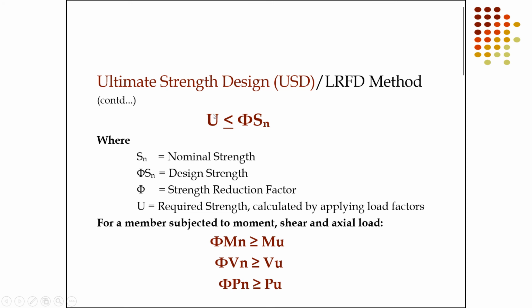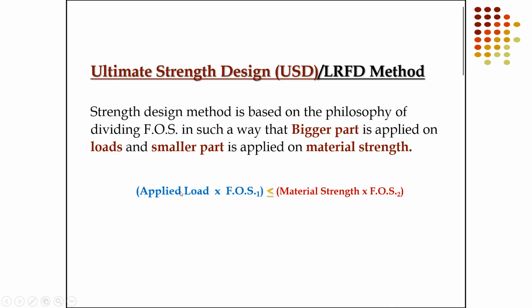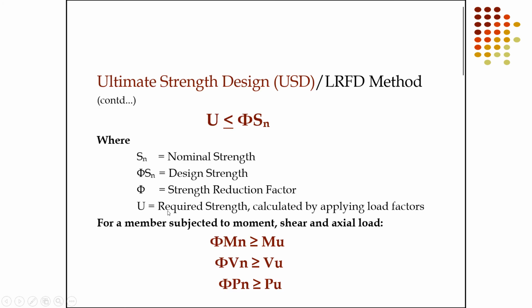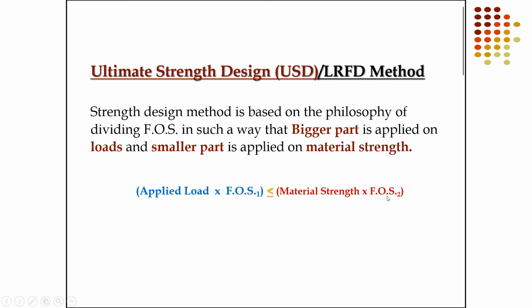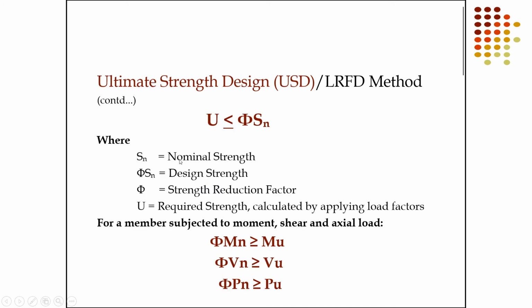U is the resultant after applying the factor of safety: applied load multiplied by factor of safety will be equal to U. Here, required strength is calculated by applying load factors. The right side is material strength multiplied by factor of safety. Here Sn is the nominal strength or the material strength, and phi is the strength reduction factor, that is the factor of safety, multiplied with strength or material resistance. This is the right side part.